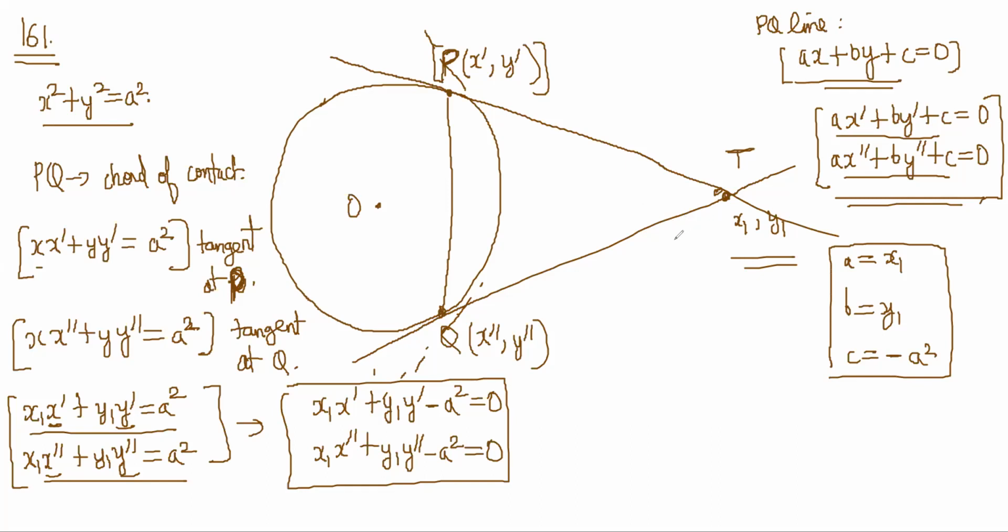And here you're getting this condition by drawing an arbitrary line equation that P and Q have to lie on. And then you're seeing that they're matching. So the equation of this PQ line must be x x1 plus y y1 minus a square is equal to 0.